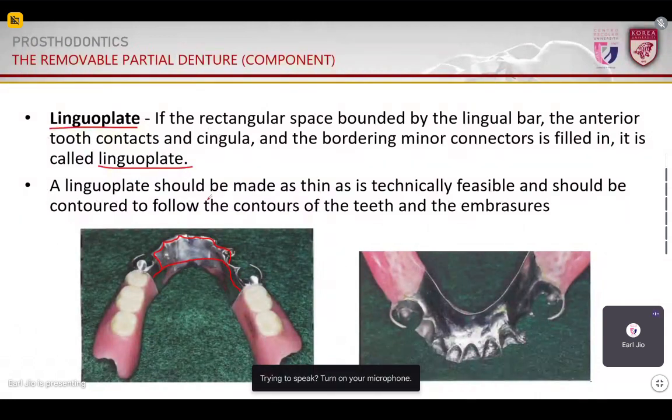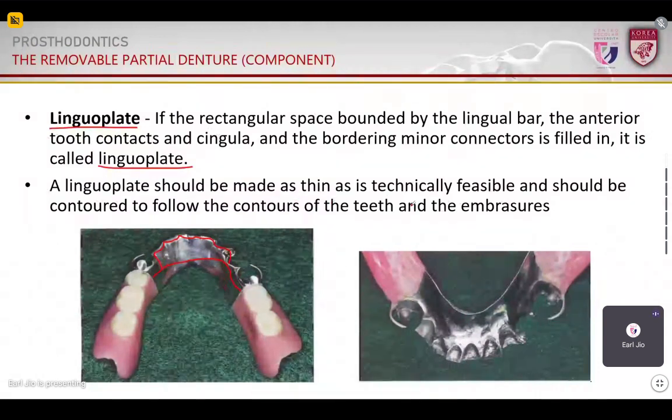And all of the lingual plate should be made as thin as possible and should follow all the contours of the remaining natural teeth. You can see here. So, dapat fina-follow nung plating natin yung cingulum area ng remaining natural teeth. Okay? This is also an example of a major connector in the lower. We call it lingual plating. Okay?